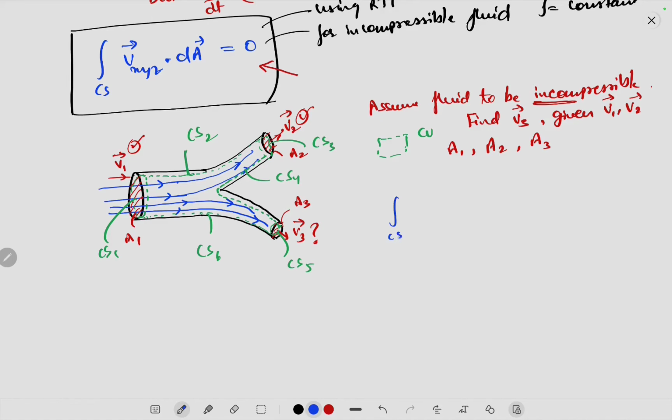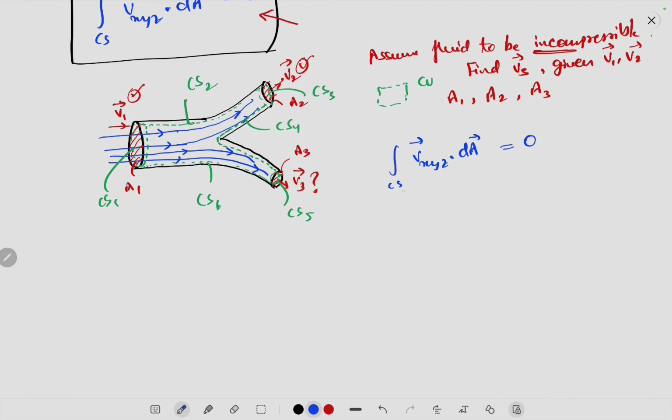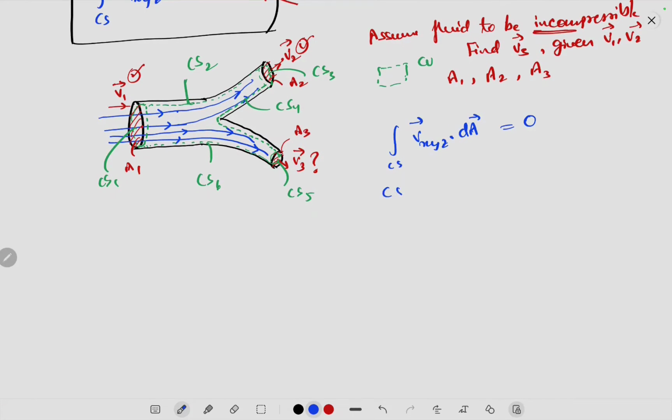This equation tells me the integral over the control surface with integrand vxyz vector dot dA vector should be 0 for my control volume. Now since this control surface is made up of different surfaces, I can write it like CS1 plus CS2 plus CS3 plus CS4 plus CS5 plus CS6.